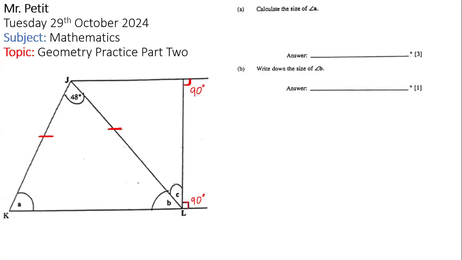Because it's not only one missing number, it's 2 missing numbers. Do we agree with that?